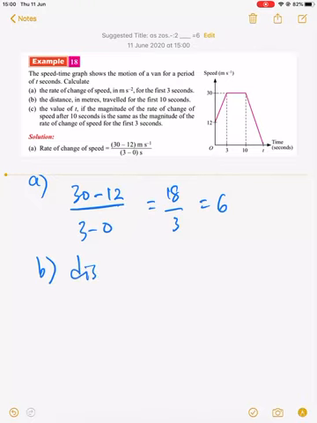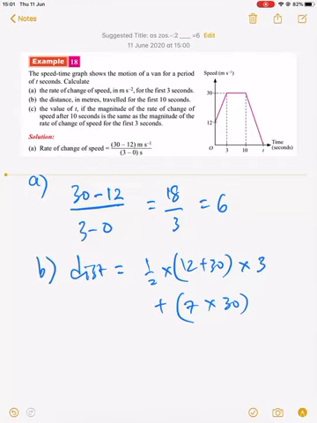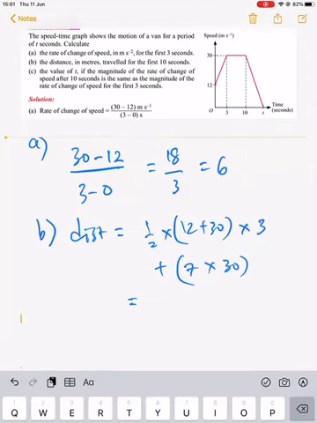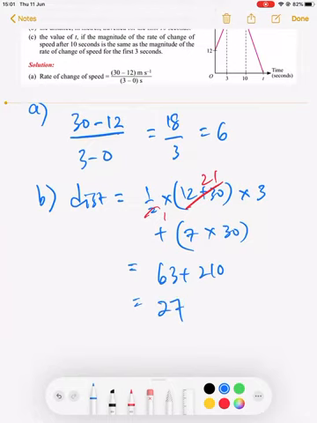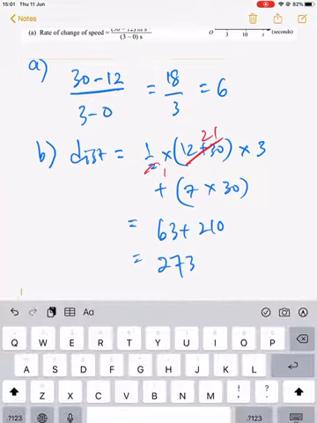So distance equals 1 over 2 times (12 plus 30) times 3, plus (10 minus 3) times 30. 7 times 30, sorry. 42 becomes 21 times 3, 63, plus 210 equals 273. So the distance is 273 meters.